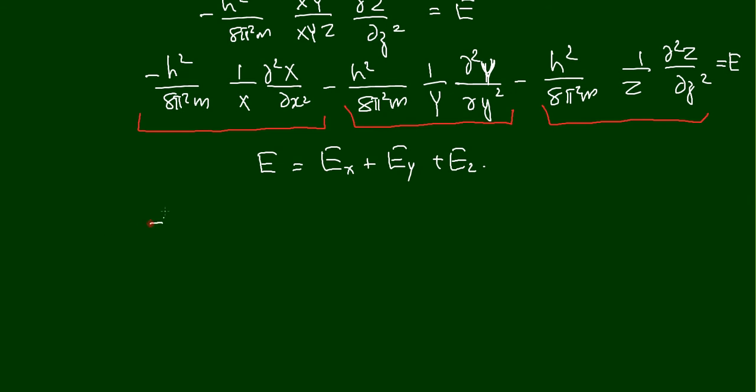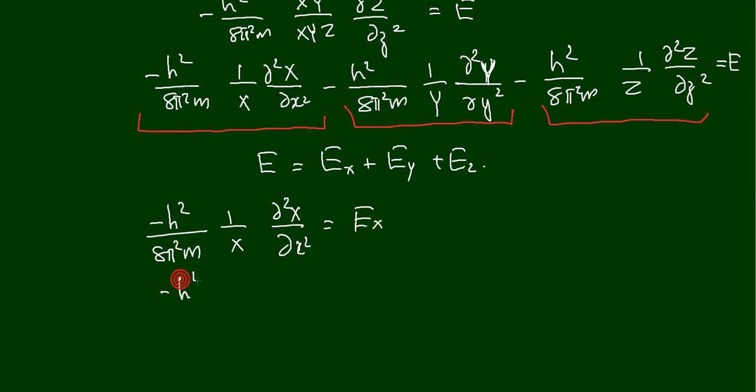The equations are minus h square divided by 8 pi square m, 1 by X into d square X by dx square is equal to Ex. And minus h square divided by 8 pi square m, 1 by Y into d square Y by dy square is equal to Ey; we don't need to write del square, we can write d square because this is completely of one variable only.